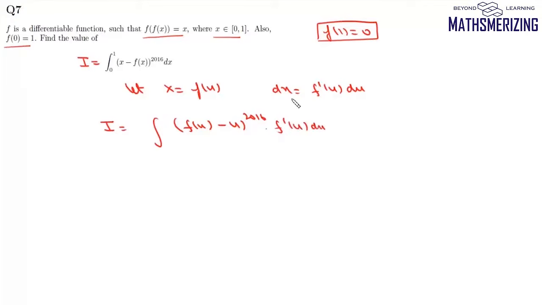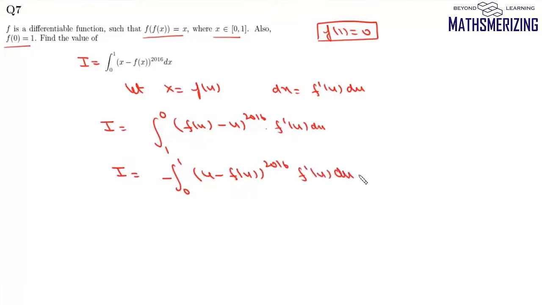Now we'll put in the limits. When x is 0, u is 1, and when x is 1, u is 0. So we can write this integral as minus integral from 0 to 1. Now f(u) minus u is same as u minus f(u), because we have an even power here. So it will be (u minus f(u)) to the power 2016 f dash u into du.